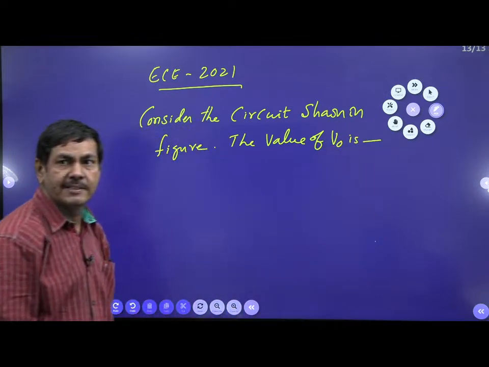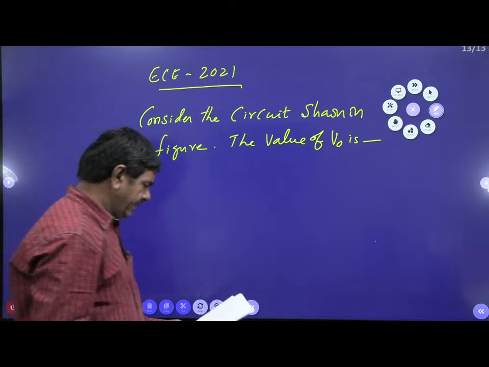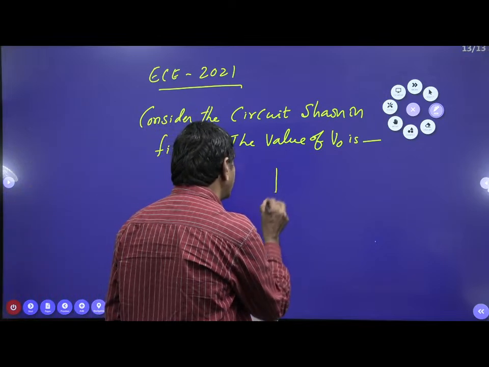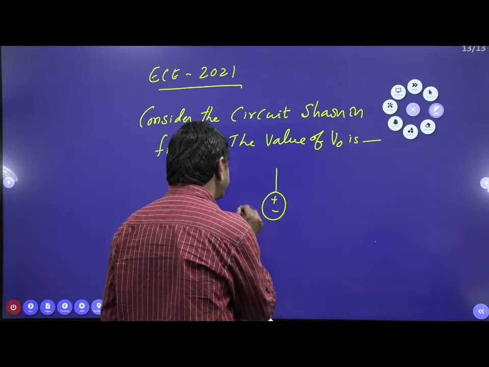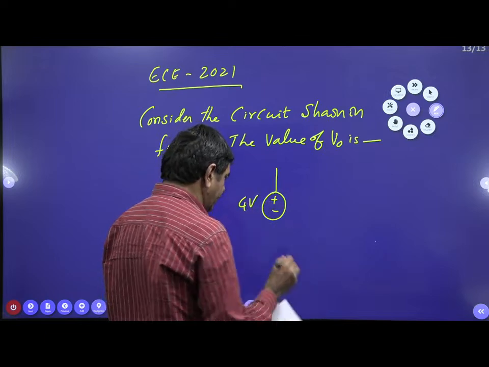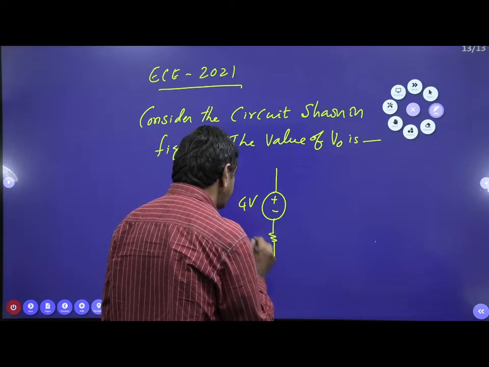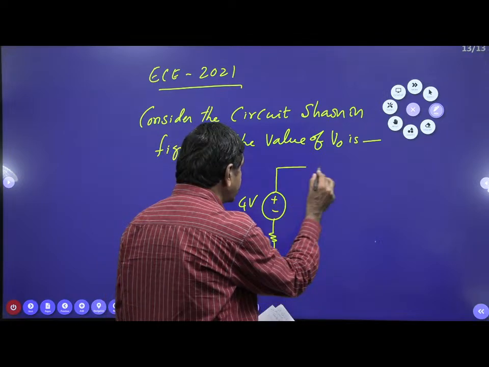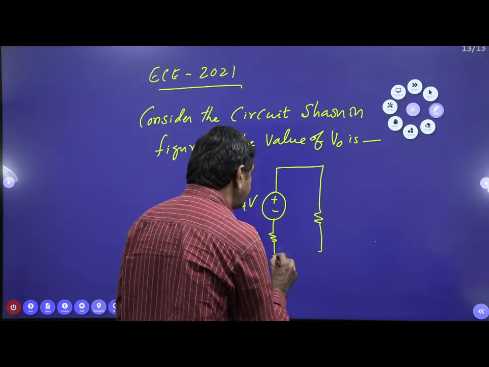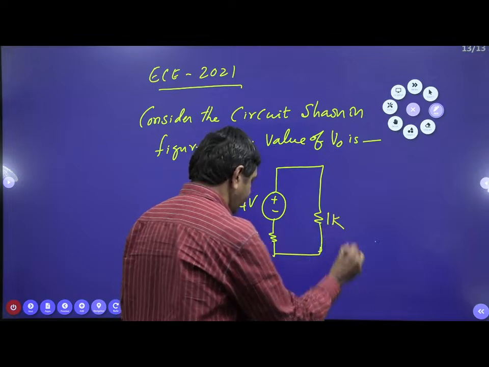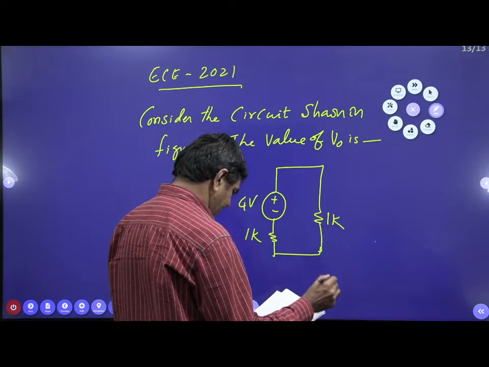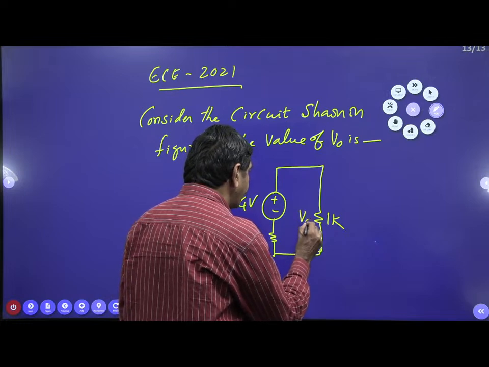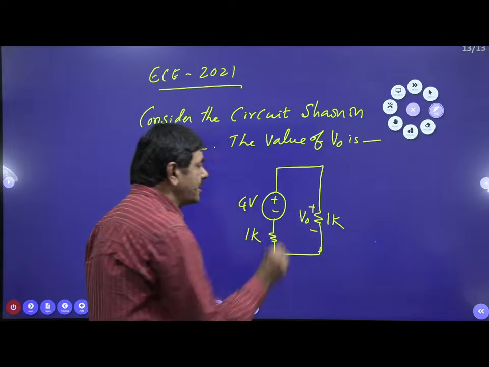Some voltage you will get now. The network here is given like this. 4 volts here connected. This is connected with a 1K resistor. And here connected with a 1K resistor. This is 1K. The voltage across 1K is given here as V naught, plus. This V naught is asked to find.